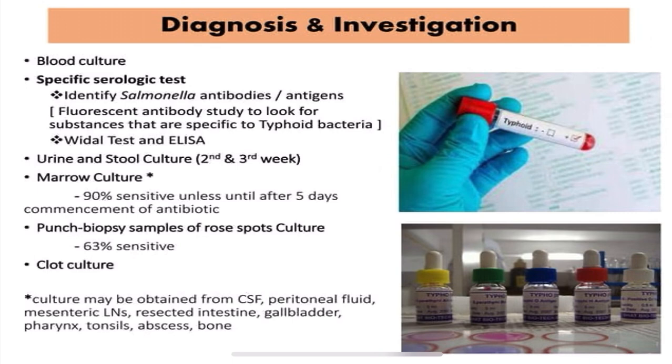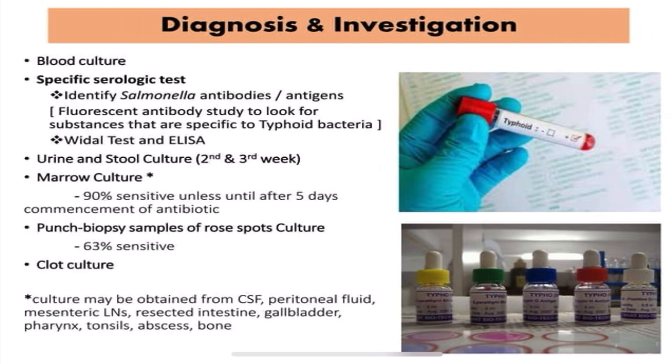Okay, what happens here? A small sample of bone marrow, not the blood sample, sorry, a small sample of the bone marrow is obtained. Typically it is taken from the hip bone, okay, from the iliac crest.